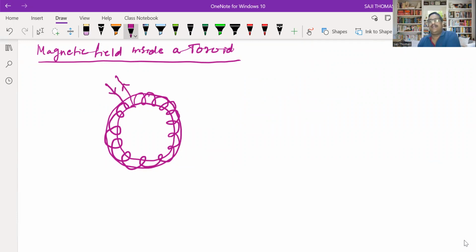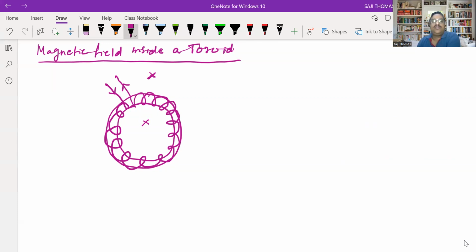So this is a toroid. We are going to find out the magnetic field due to this toroid, in the exterior region, in the open space in the middle of the toroid, and inside the ring.